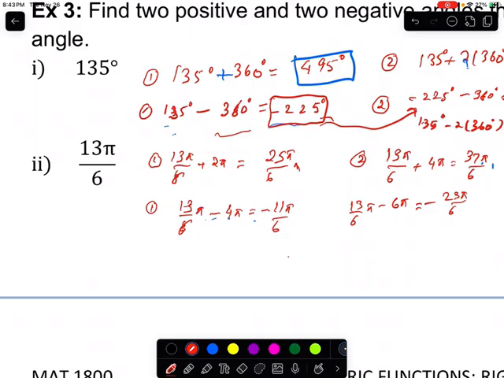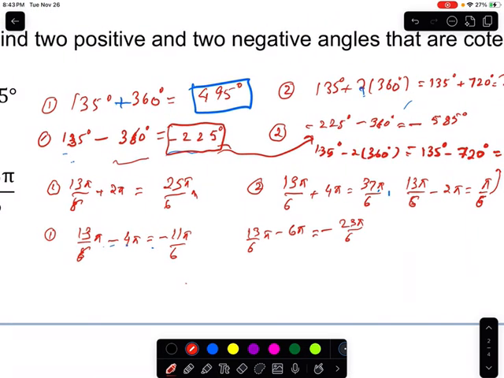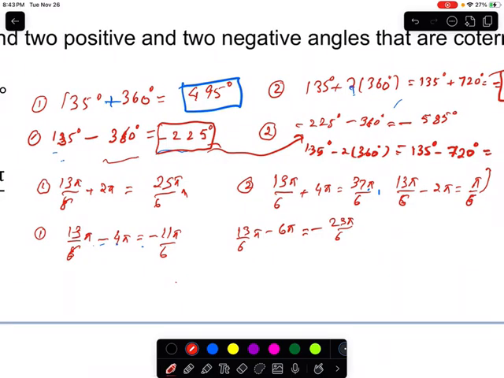Looking at the next one, 13 pi over 6. When I add 2 pi, it gives me 25 pi over 6. The next one is when I add 2 times 2 pi, so 13 pi over 6 plus 4 pi gives me 37 pi over 6.